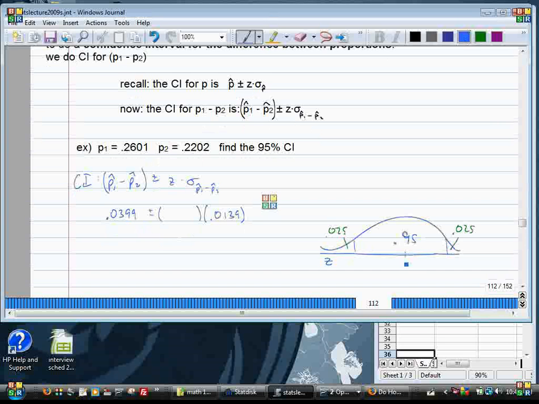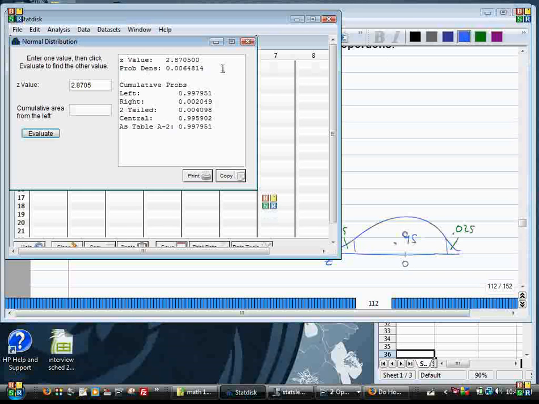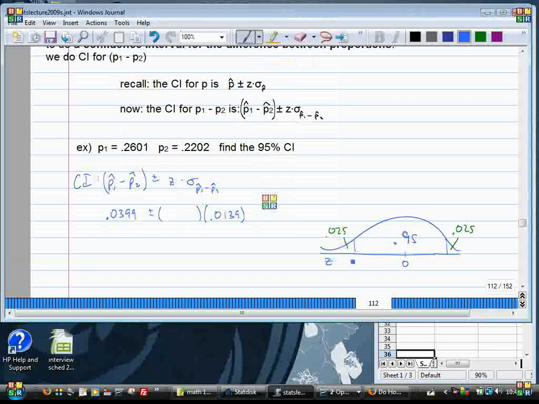And so for Z you have 0 in the middle, and then how do we find the Z-score? 0.025 of the area. Right. The area is 0.025. And the answer should look familiar. 1.96.